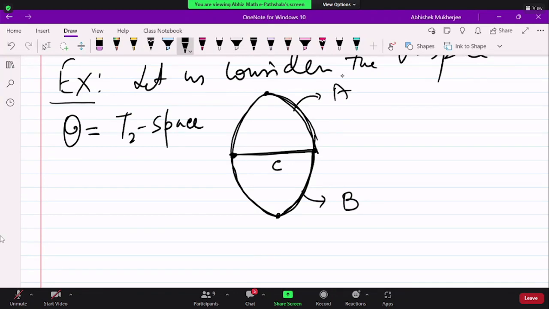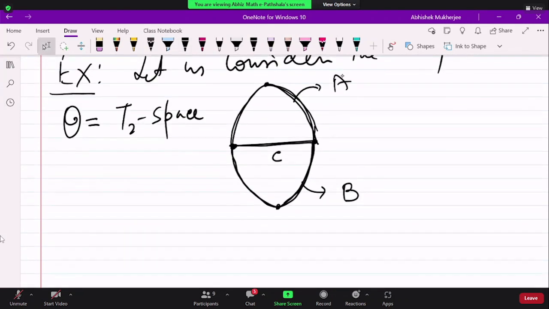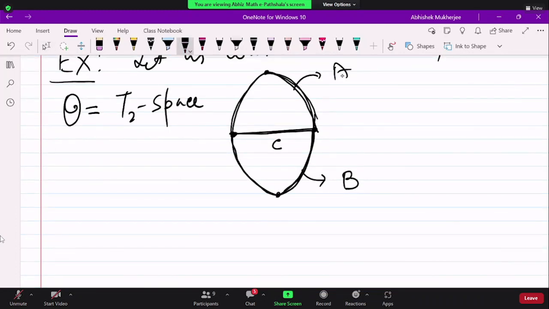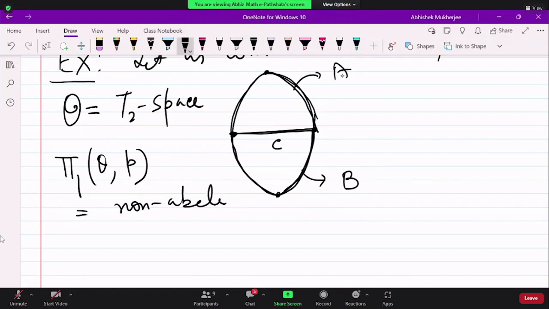And it can be shown that the fundamental group of this is non-abelian, because it is isomorphic to the fundamental group of the doubly punctured plane, and that will be isomorphic to the fundamental group of figure 8, and that fundamental group certainly will be non-abelian.